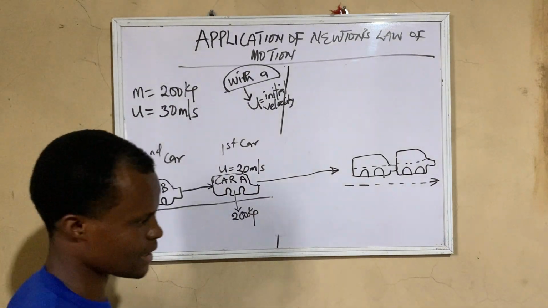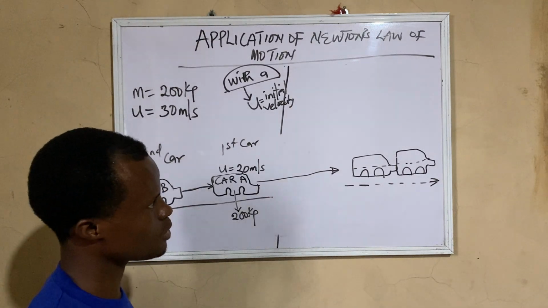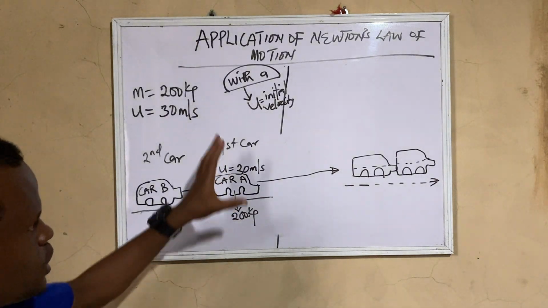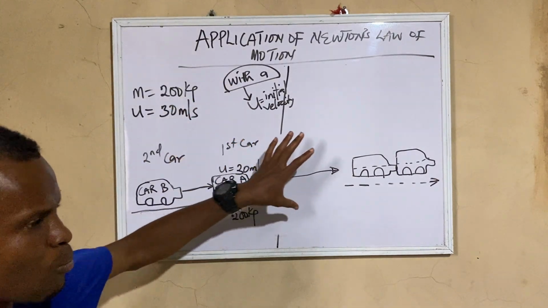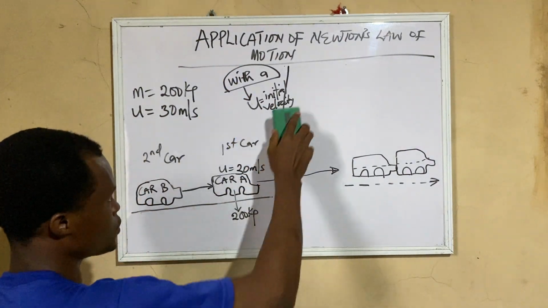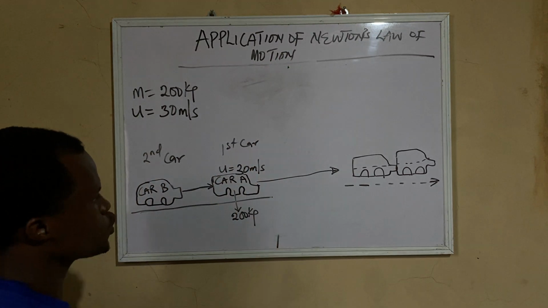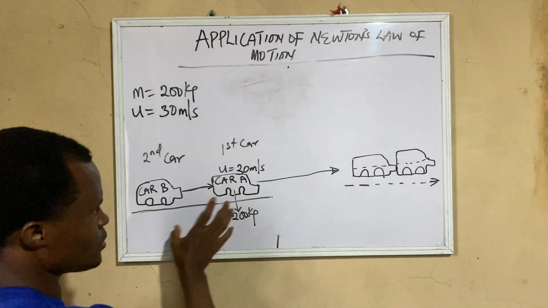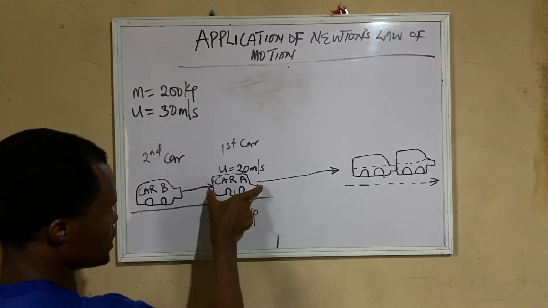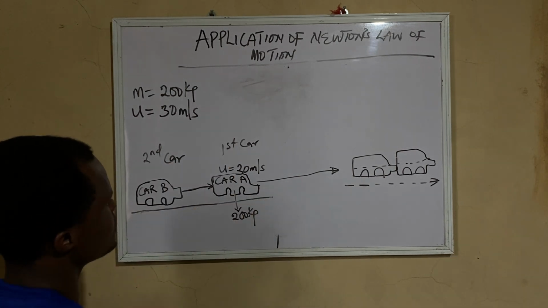And remember, in our last class, for those that missed the previous episode, please go to the other episodes and content that we dropped, where we explain some of the formulas under Newton's law of motion. One of the formulas we talked about is impulse. So having understood this concept, we are to find the impulse of this car due to the effect of this car hitting it.